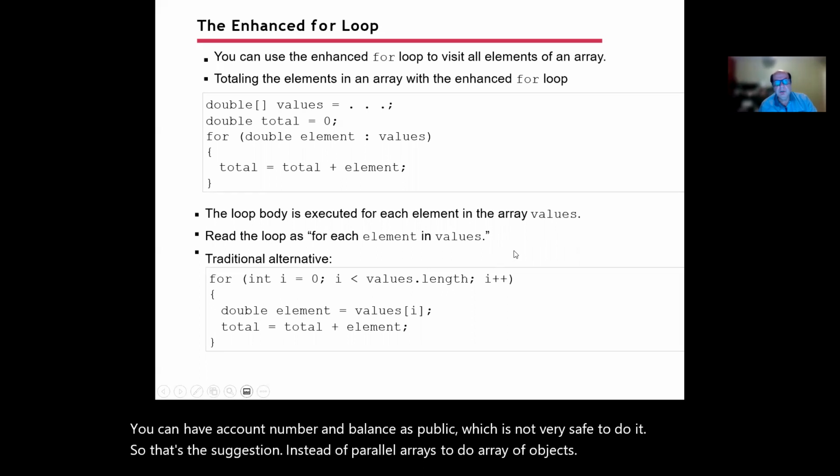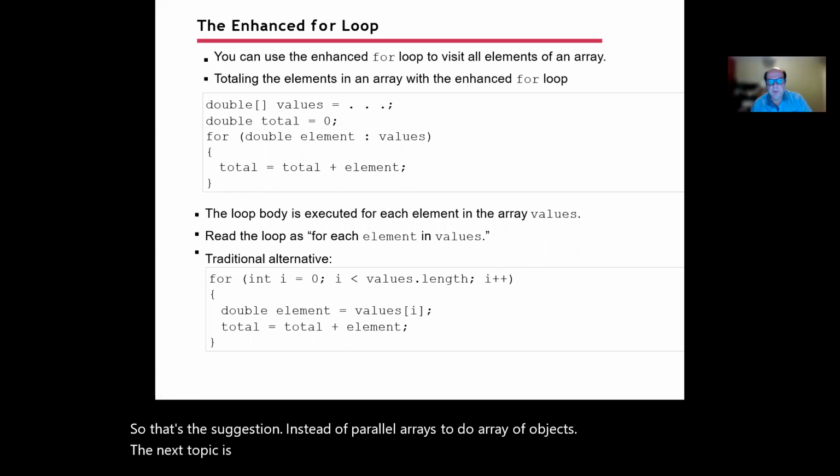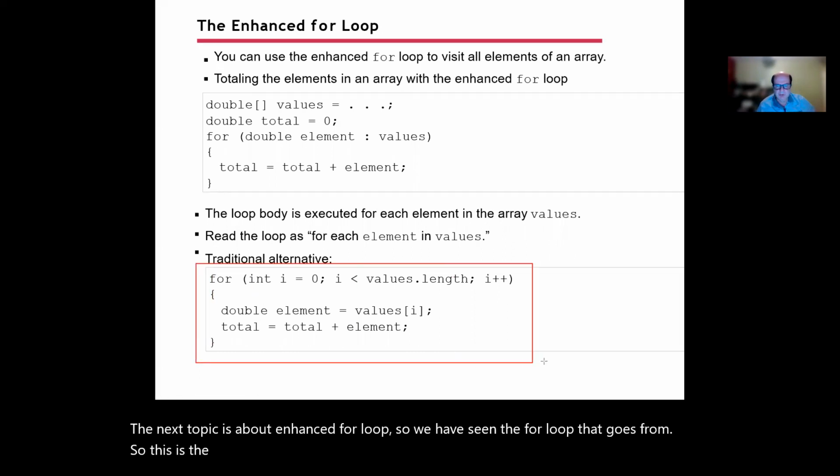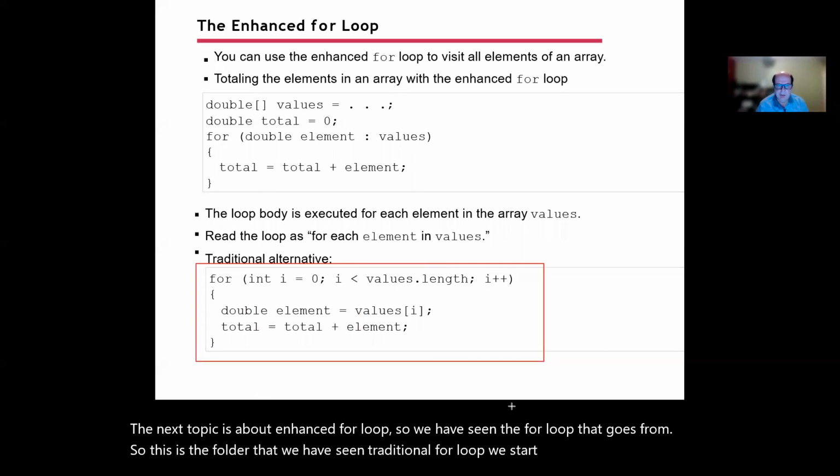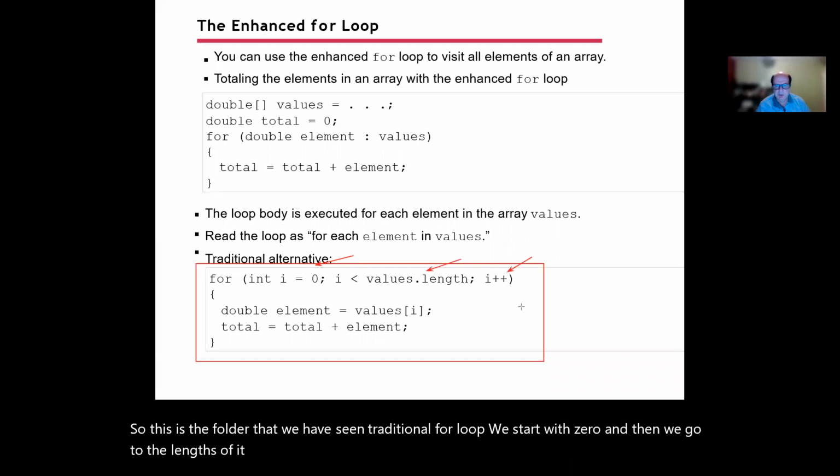The next topic is about the enhanced for loop. So we have seen the for loop, the traditional for loop. We start with 0, and then we go to the length of it, and then plus plus. That's the traditional way of doing it.